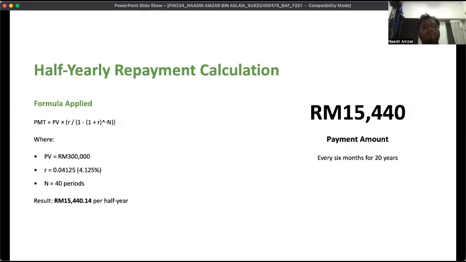R is the half-year interest rate of 4.25%, and N is the total 40 periods. When we put all of this into the formula, we get a repayment of 50,440.14 every 6 months. That's the amount John and Mary need to pay twice a year for the next 20 years to fully settle their loan.